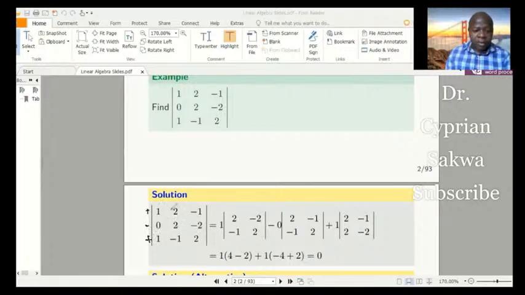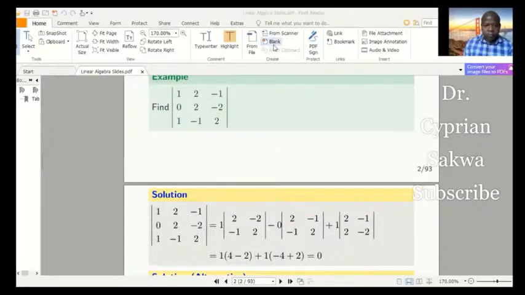But for this element, you see this is negative here, so this will be negative. You notice that these signs are positive, negative, positive, just as we had said earlier.